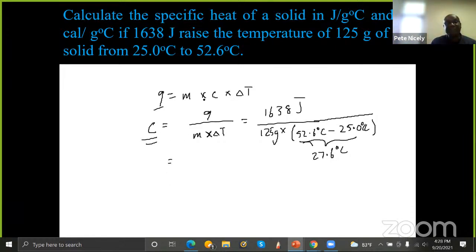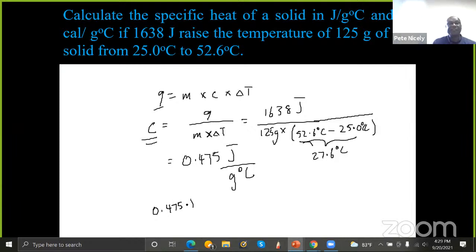According to my calculations, this works out to be, and we need to round this off to 3 sig figs, 0.475. And the units for this would be joules over gram degrees Celsius. Now, we're not finished yet because this question is also asking us to convert this to calories per gram degree Celsius. So what I'm going to do is start off with this down here, 0.475 joules over gram degree Celsius.